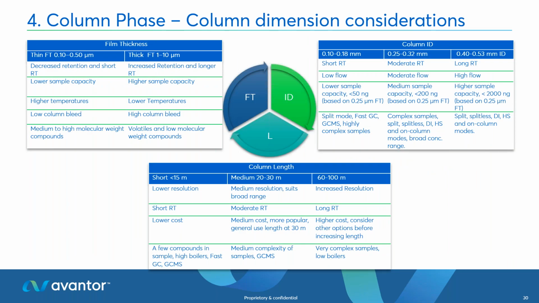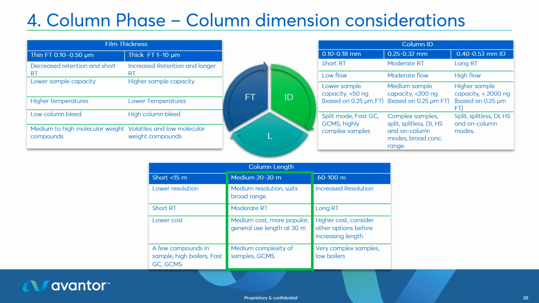And then when we look at the dimensions, this goes into a little bit more detail just of the benefits of different dimensions. So say if you're looking at a column with a mid-length, so 20 to 30 meters, this can offer around medium resolution. It suits a broad range of analytes, moderate retention times, medium cost, tends to be a general length used.